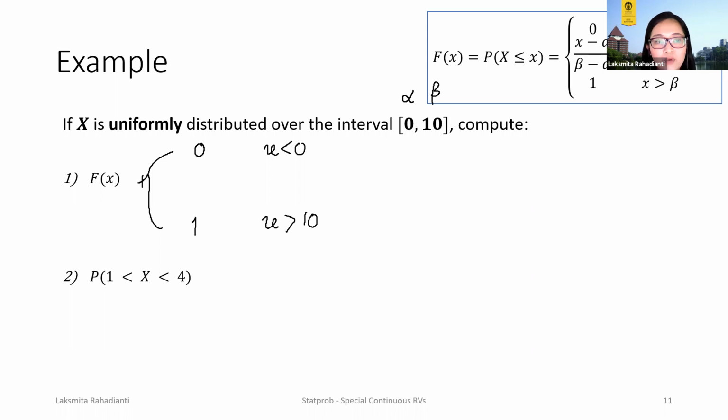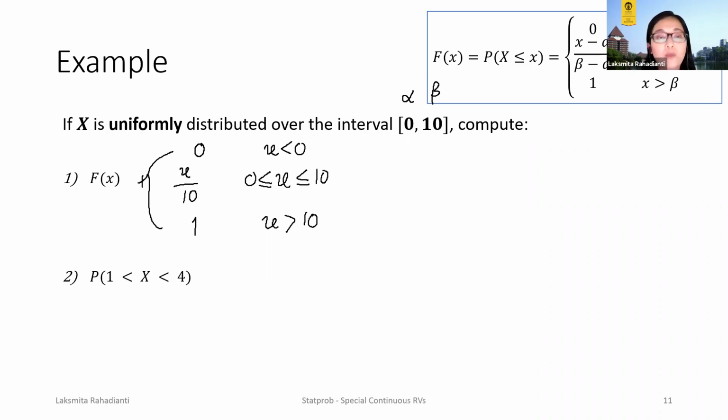And here it would be X minus alpha, which is 0, and I don't have to write that down. So X minus 0 divided by beta minus alpha, which is 10 here, for X less than 10 and larger than 0.